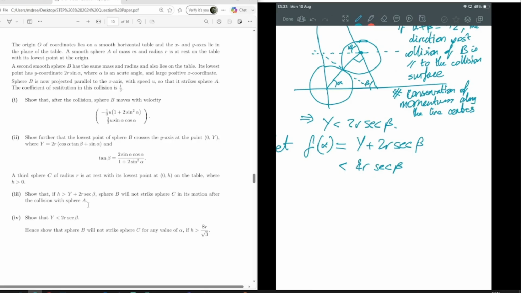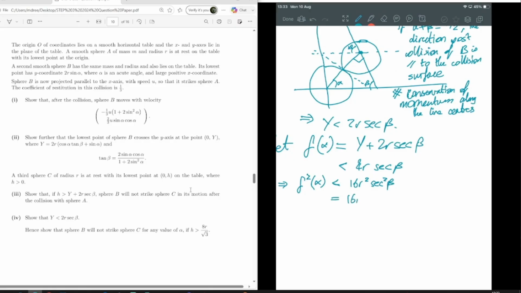So I'm actually going to, do I fancy doing that? Yeah, I'm going to actually consider f squared of alpha, so I can find the maximum value of f squared, and then I'll square root the answer, which kind of looks like has happened with that over root 3 going on. So f squared of alpha, again, is less than 16r squared sec squared beta.